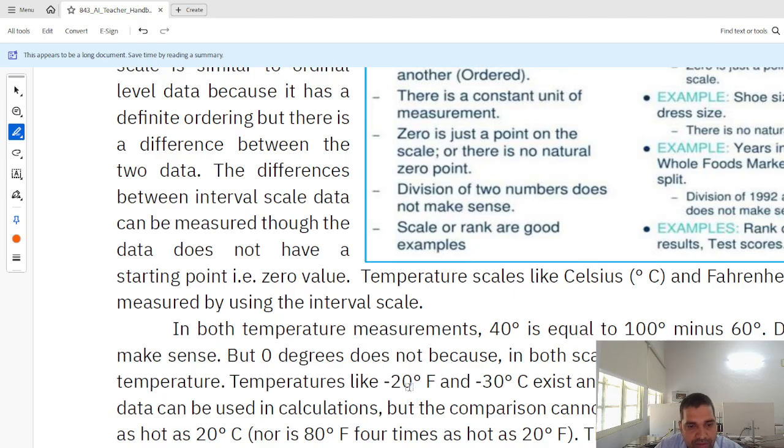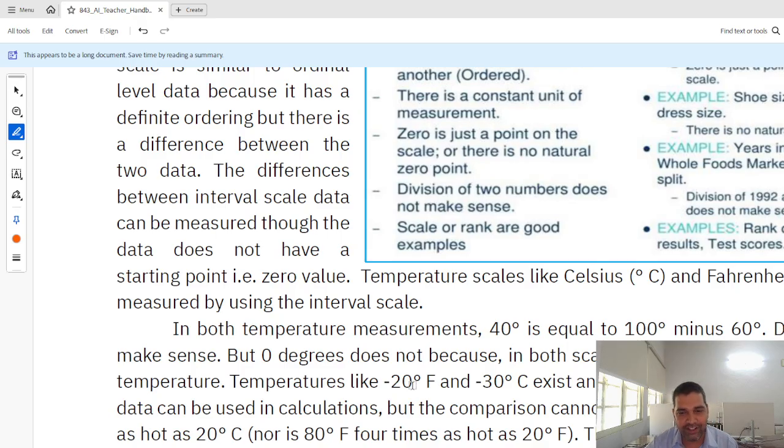So temperatures like minus 20 degrees Fahrenheit, 20 degrees Fahrenheit and 30 degrees Celsius exist and are colder than 0. But here, minus 20 degrees Fahrenheit, if you convert it to degrees Celsius, will be positive. But what is making this sense?